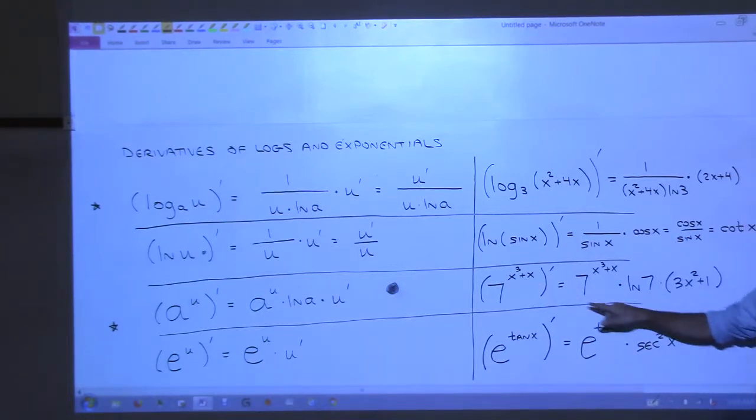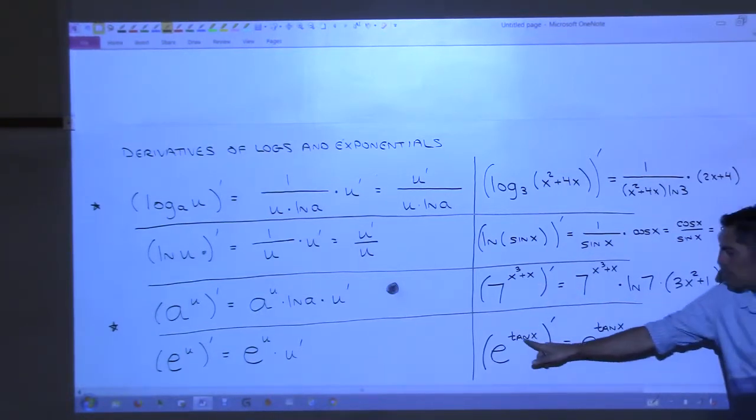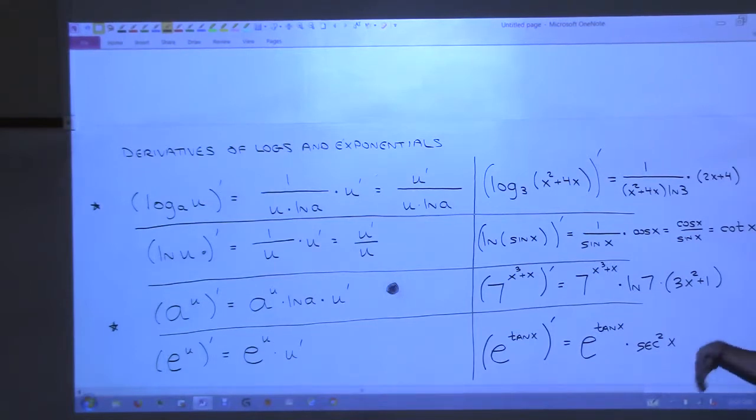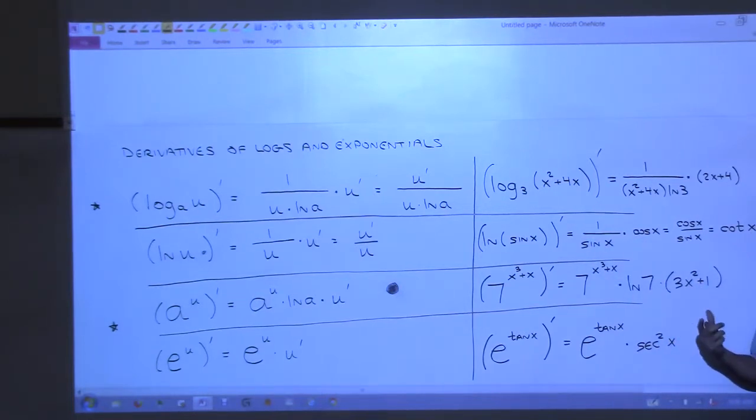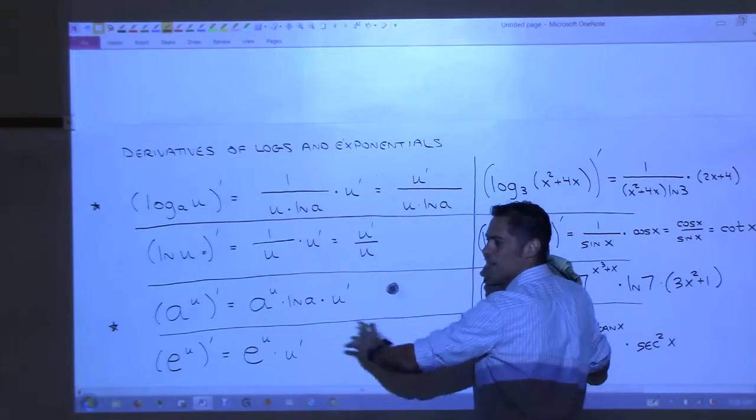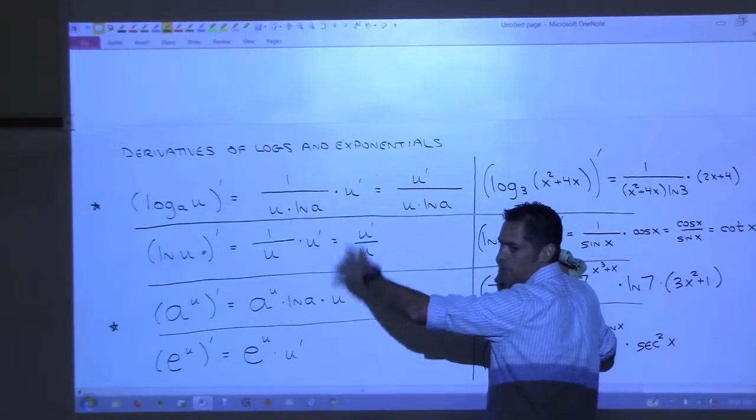This one, the derivative was very clean. And this one, of course, very clean. So let's try and crank it up a little bit and make the argument perhaps a little more complicated, or let's throw the log into a product rule or something like that. That way we start to see some different variations. But this is the basic idea of how you do derivatives of logs and exponentials.